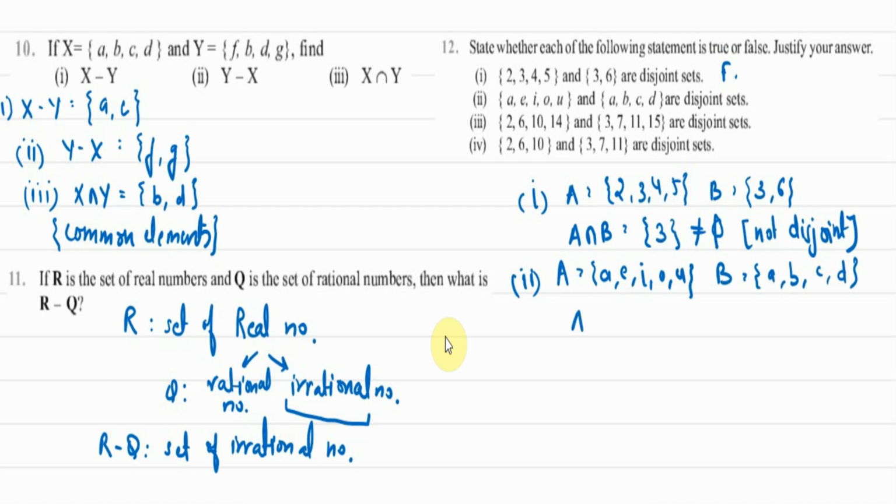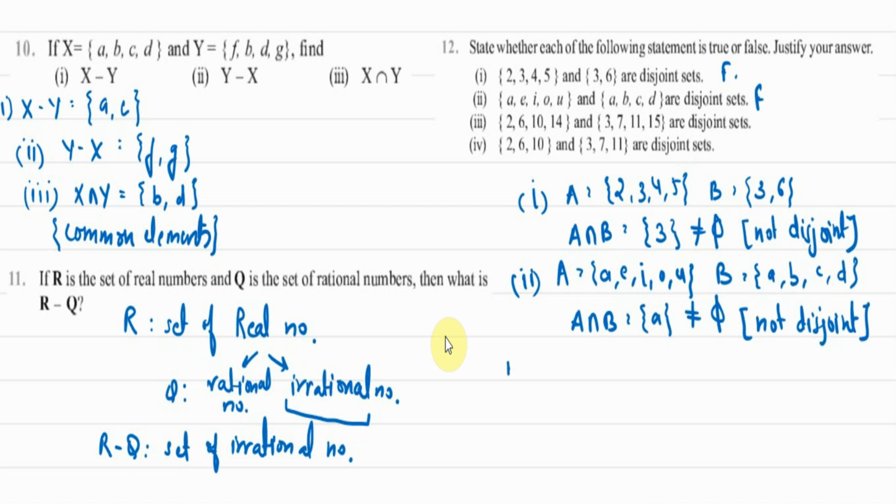Now we can see that small letter a is common in both the sets A and B. So A intersection B will become the set with element small a, which is not equal to the empty set. That means the intersection set is not empty. So again they are not disjoint. Again the statement is false.